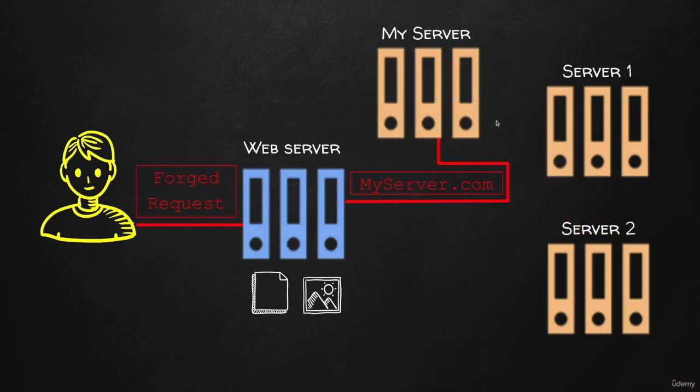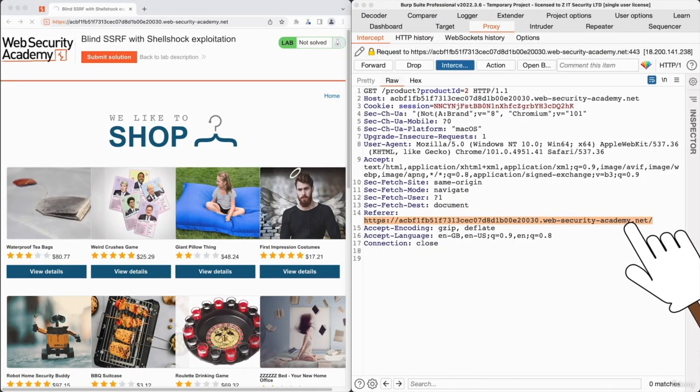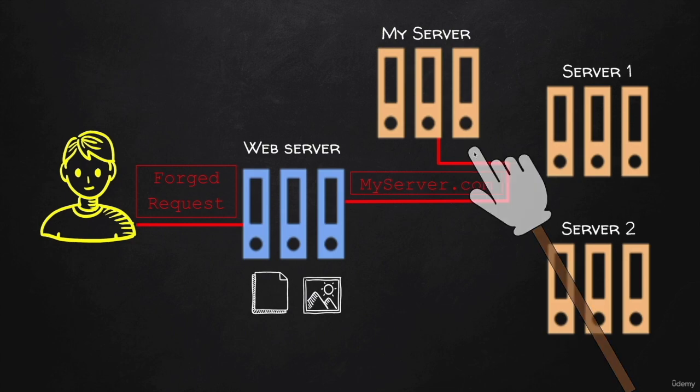You could start any cloud server on Amazon or Linode and put the address for that server in here, or you could use the collaborator feature of Burp Suite. The collaborator feature is only available in the pro version of Burp Suite, so if you don't want to pay for the pro version, you're going to have to set up your own cloud instance.